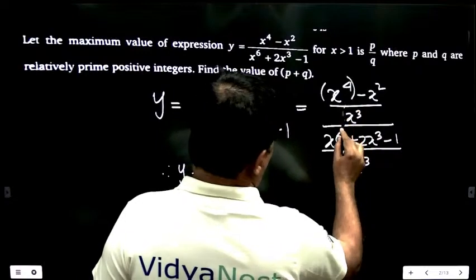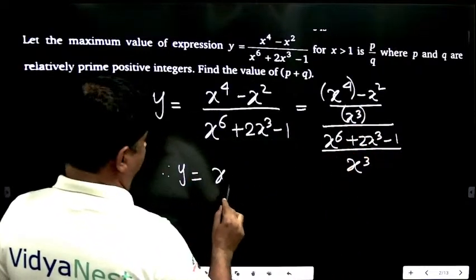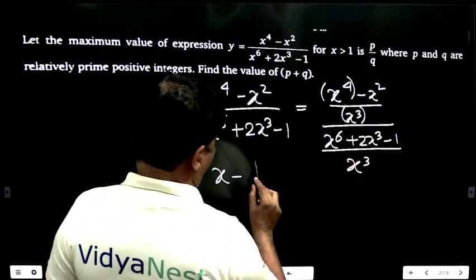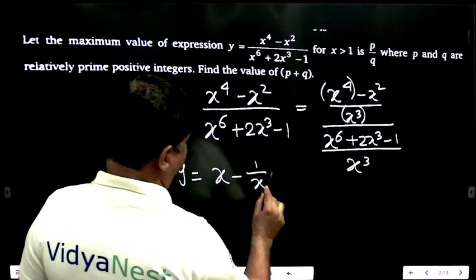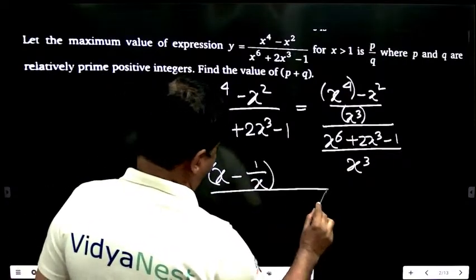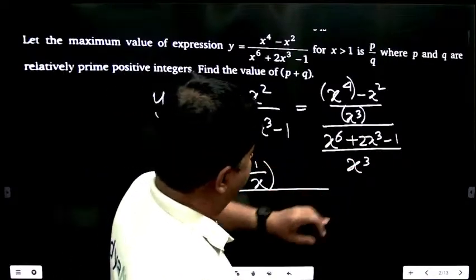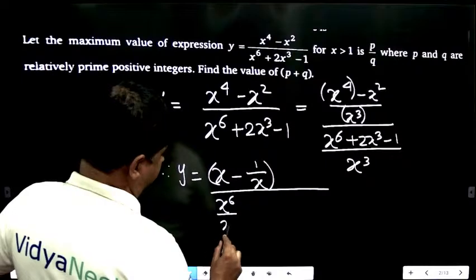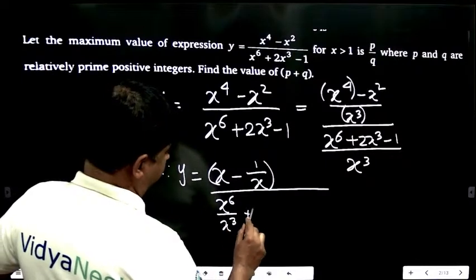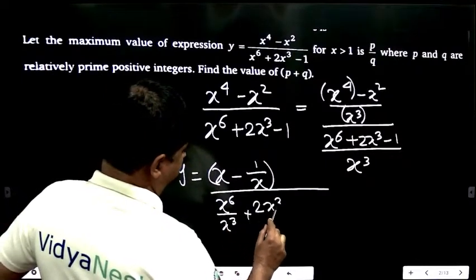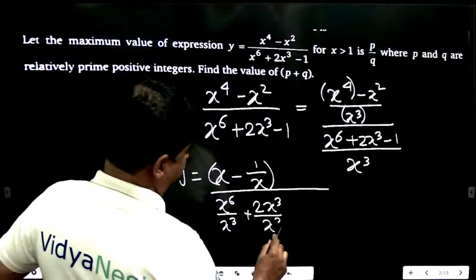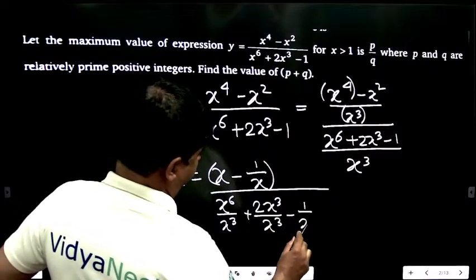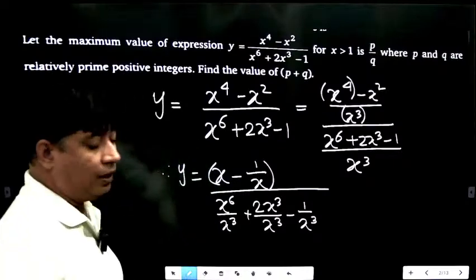x to the power 4 by x cube, x square by x cube, 1 by x. Now x to the power 6 by x cube. So no harm in doing that.